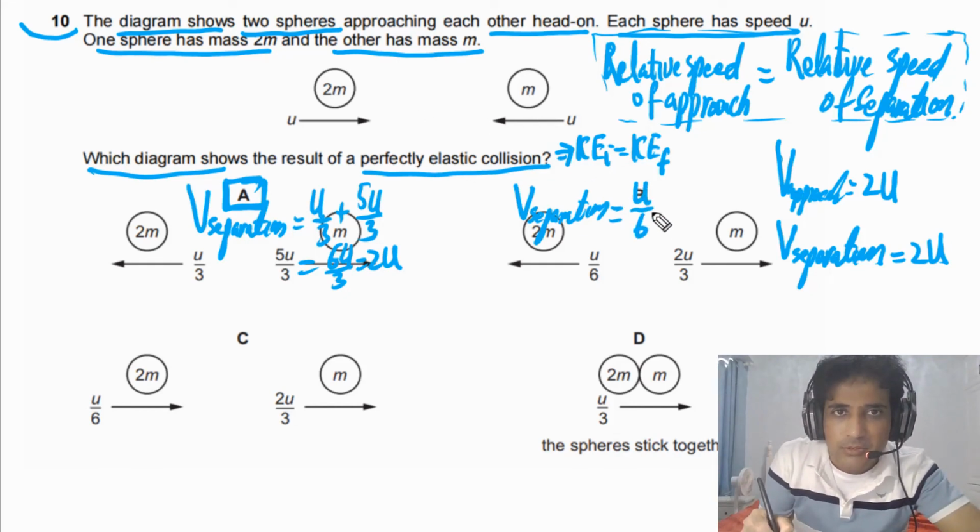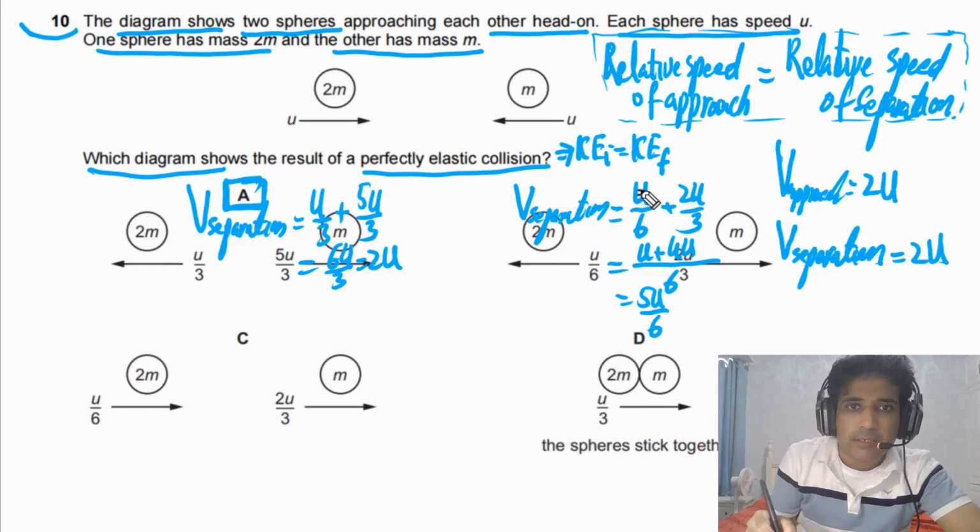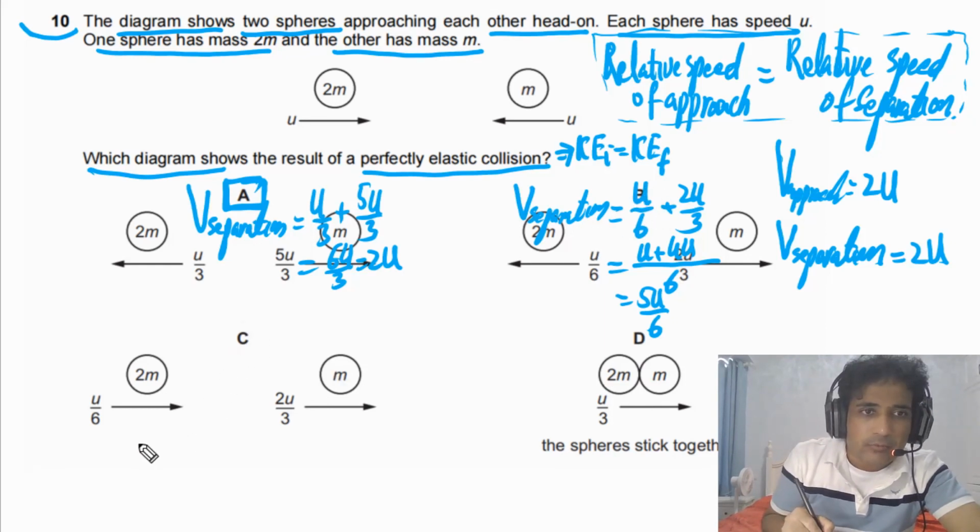So we can say u by 6 plus 2u by 3. In this case, we can take LCM 6. So we have u here and here we will get 4u. So the relative speed of separation is 5u by 6. So this is not the correct option. Now if you look at C, we can also find the relative speed of separation.